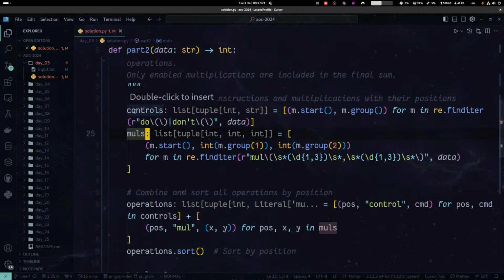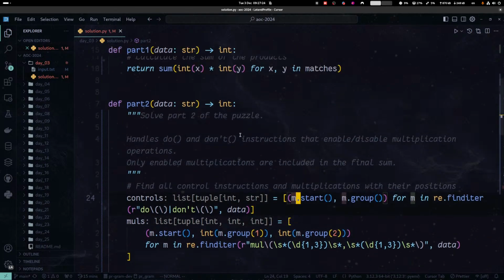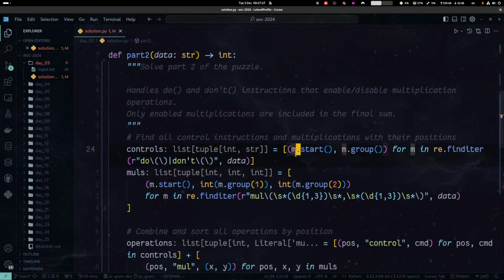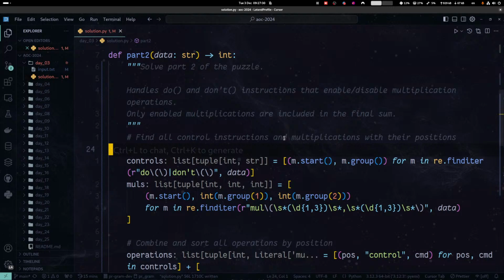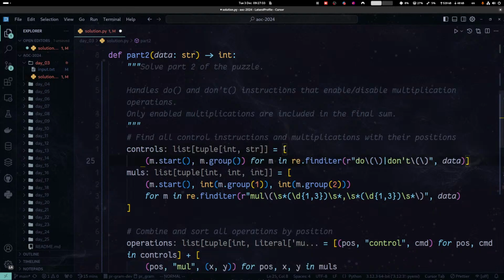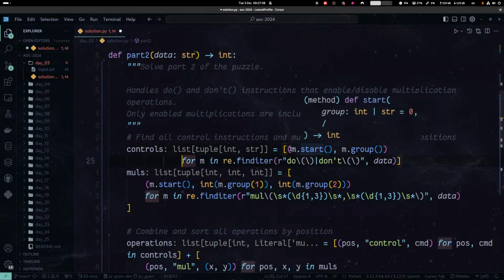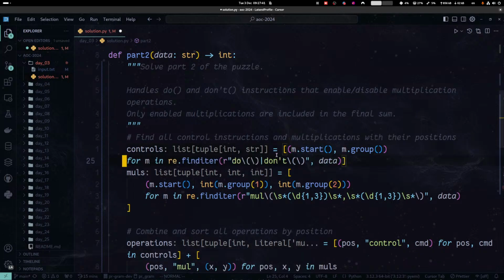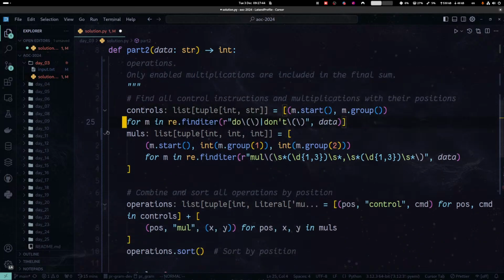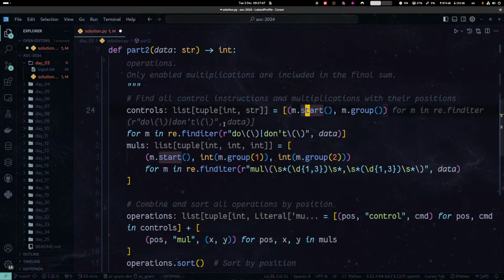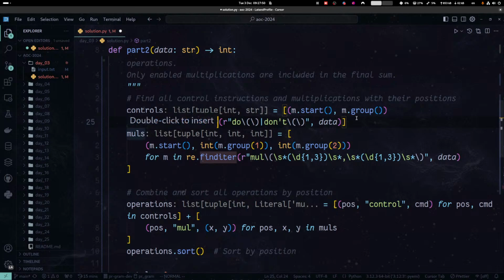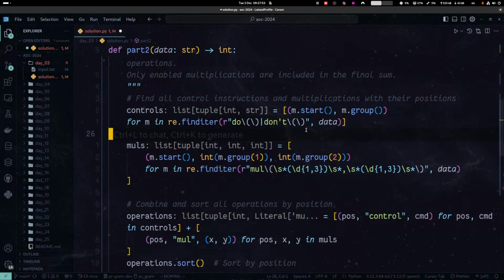So, controls, m start. What is m? Oh, all right. It's not properly formatted. I think I need to enable ruff here. It's not this problem. All right. So what does it do? For m in find iter, do, don't, m start, m group. All right.